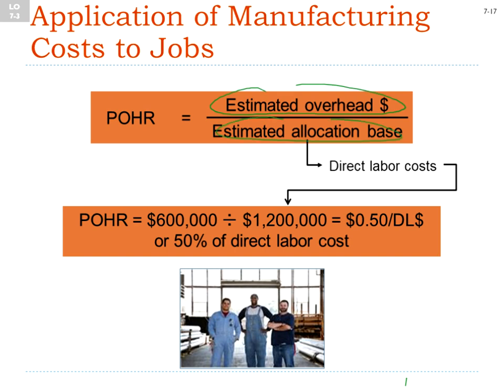In this case, the allocation base is the $1.2 million estimated direct labor costs, so it's the $600,000 estimated overhead divided by $1.2 million. So the rate is going to be 50 cents per direct labor dollar, or 50%.